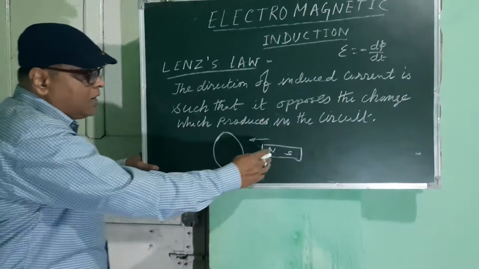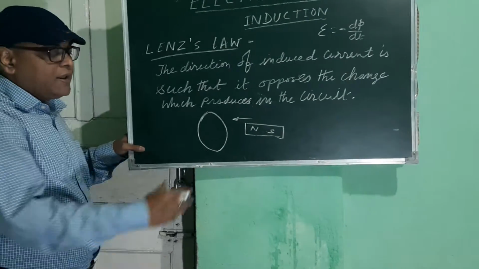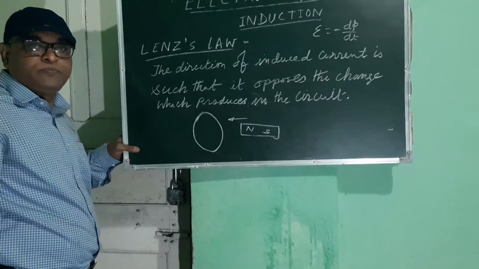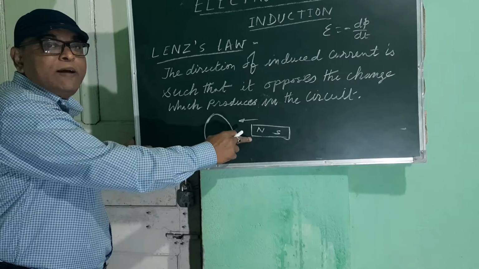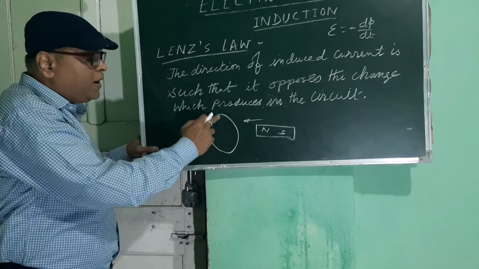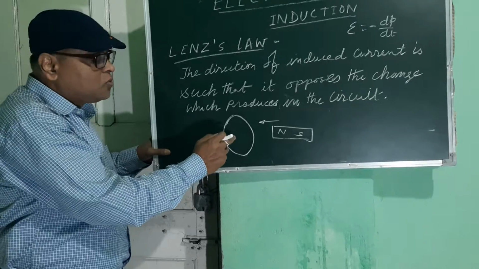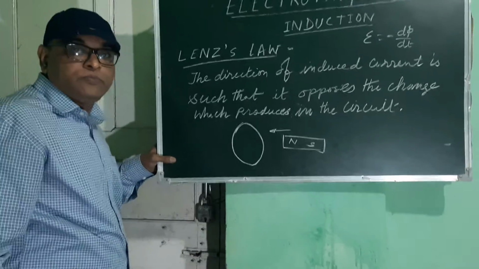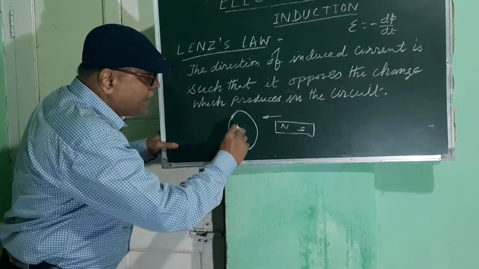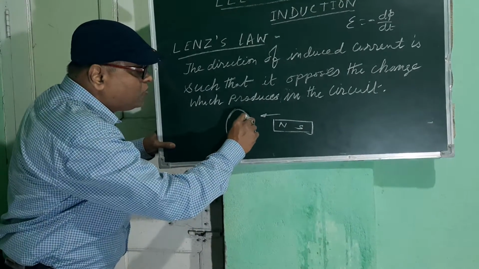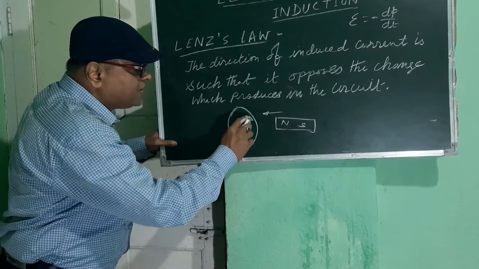Now, when the magnet is coming towards the coil, the flux is increased. Now, the coil wants to oppose the magnet. The coil wants to stay in its previous position. So how is it possible? That is only possible when a north pole is produced.